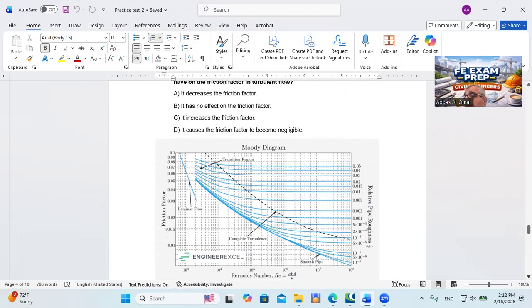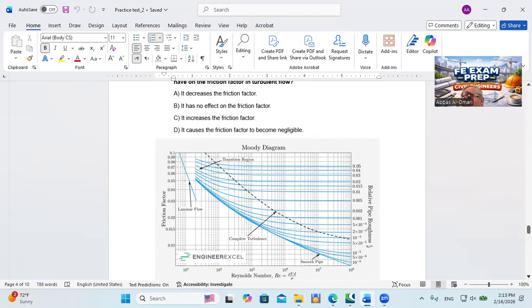If the flow is laminar, with Reynolds number less than 2000, the friction factor is a function of Reynolds number only. It is not a function of the pipe roughness.